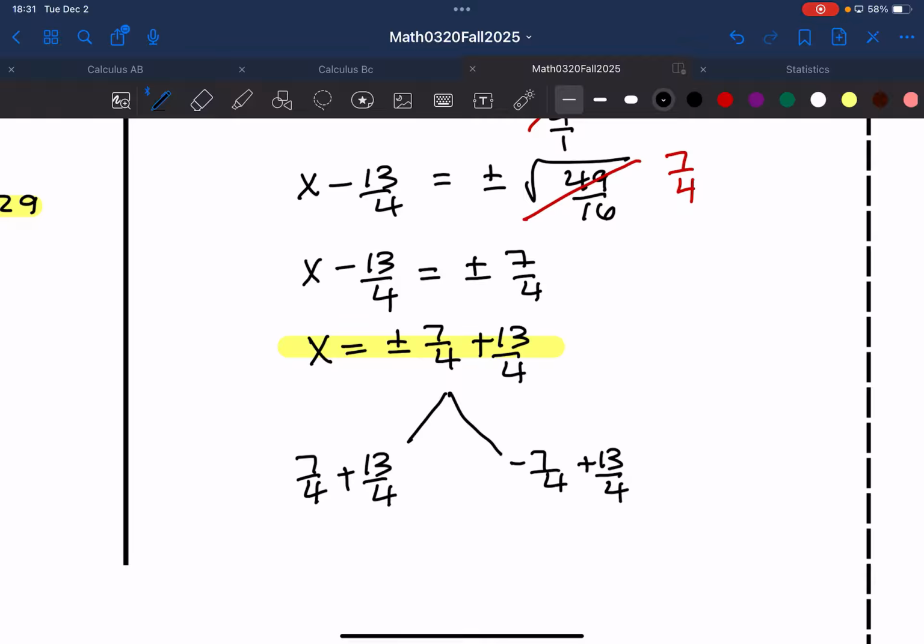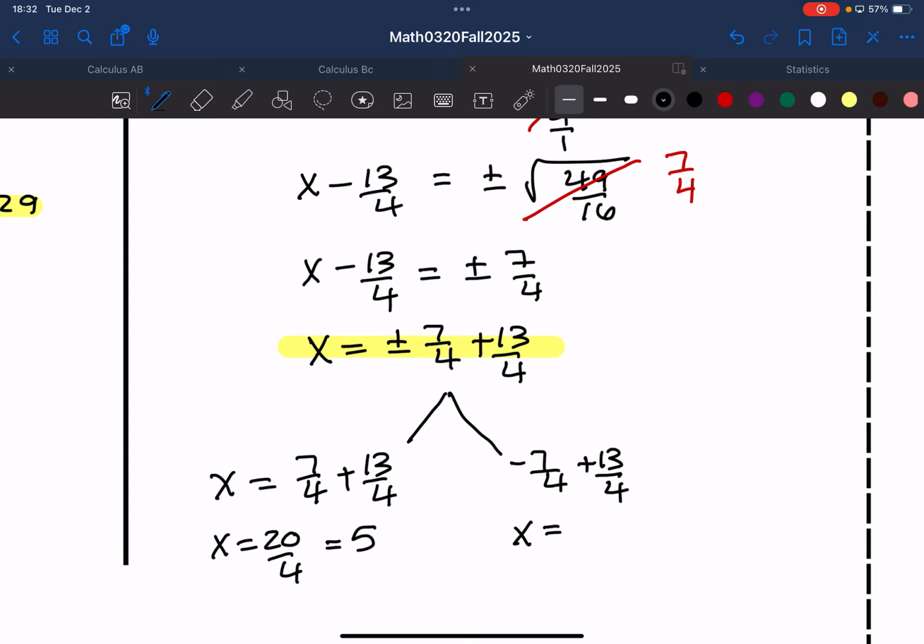Yes. Now what do we do? x equals 20 over 4. x is equal to 20 over 4, which is what? That is 5. x is equal to 5. What's the next one? Negative 7 plus 13?